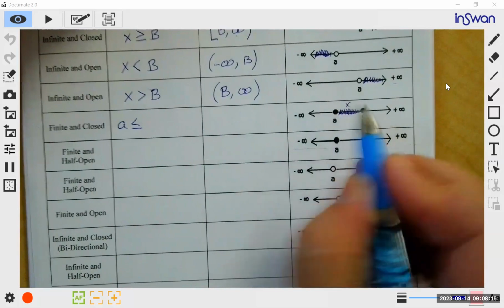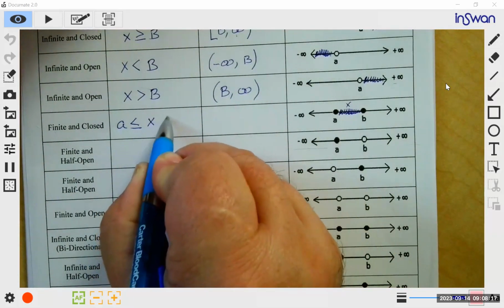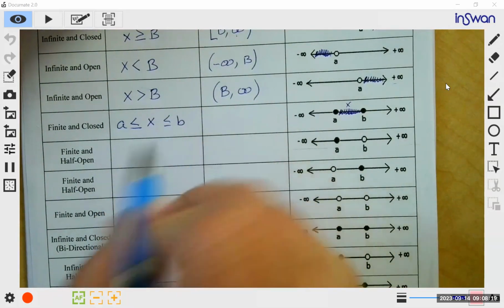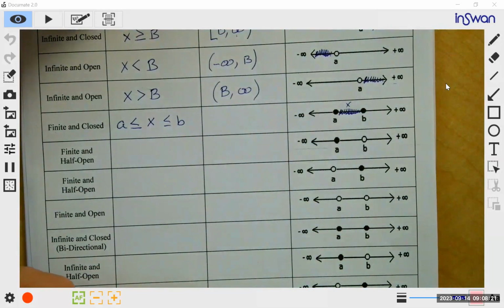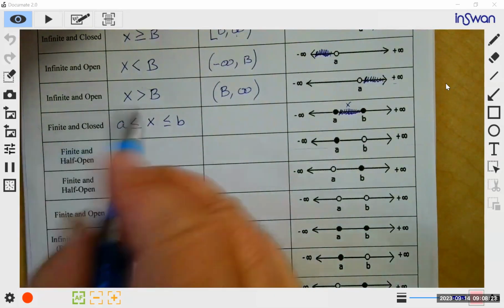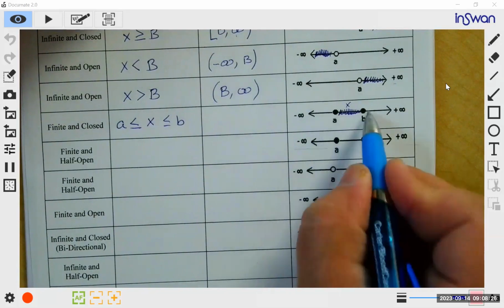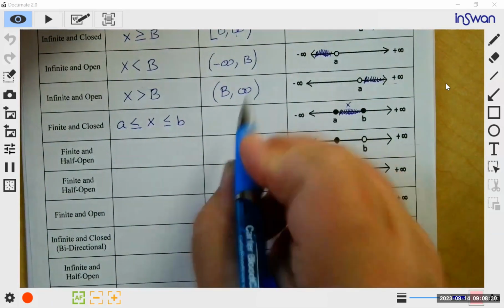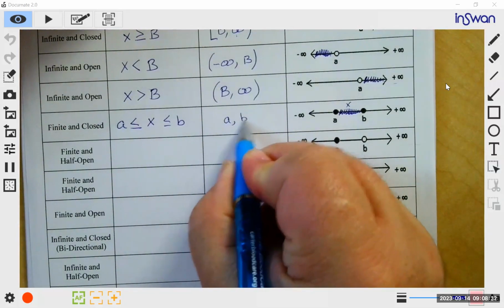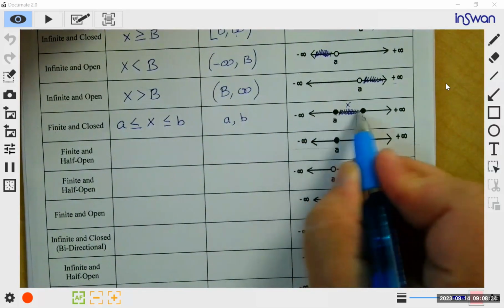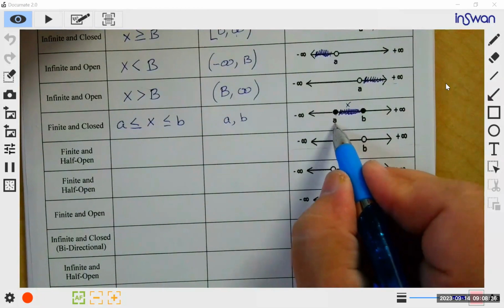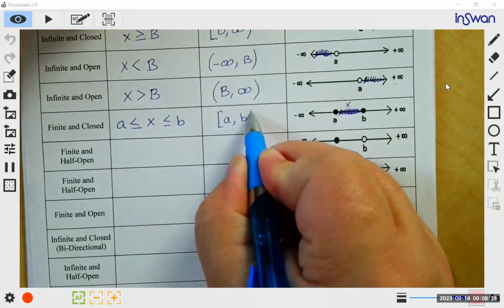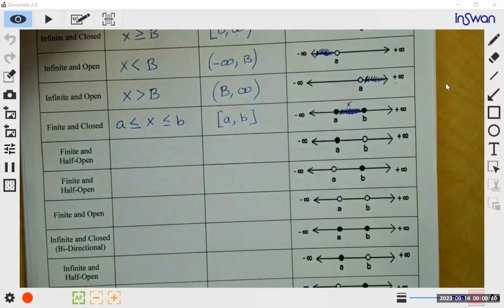That means all my x's are between there. Again, this represents where my x is and the endpoints, whether it has a line or not. I begin at A and go to B. That's my domain. And they're both used, so I use brackets.